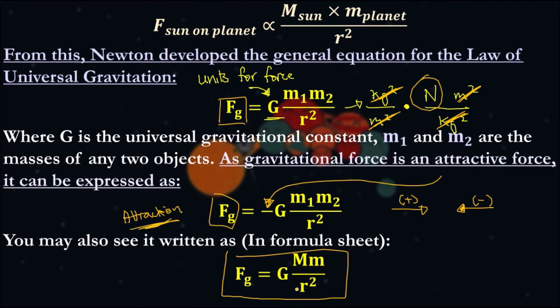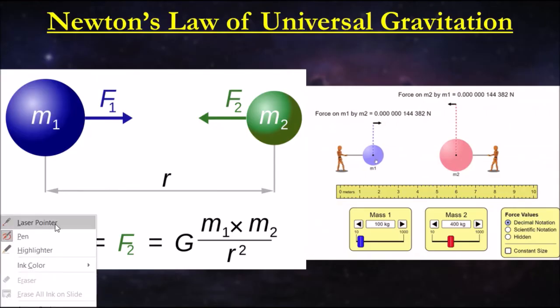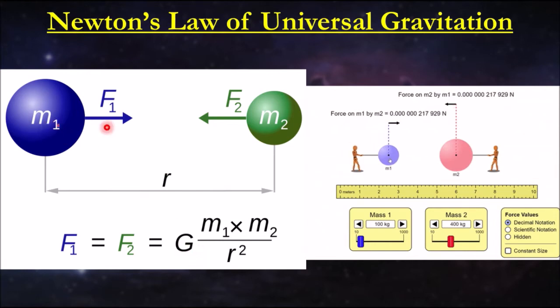So that's the formula we're dealing with here. Fg, the gravitational force between two mass objects, is equal to G m1 m2 over r squared. If we have a look, that means that if we have two mass objects, regardless of the mass, they are going to both experience the same amount of gravitational attraction towards each other.